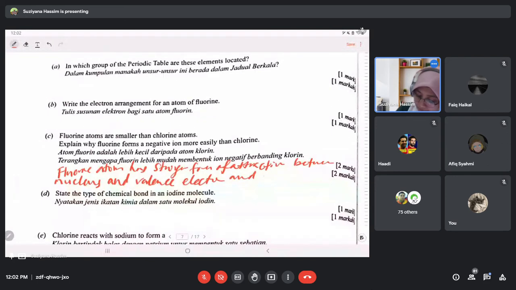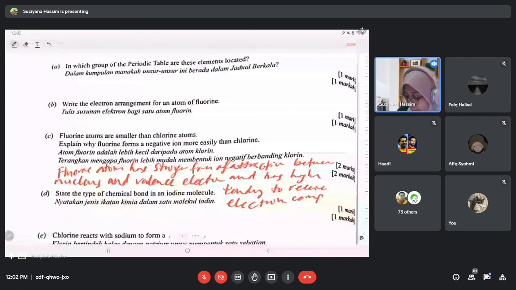And has higher tendency to receive electron compared to chlorine atom.